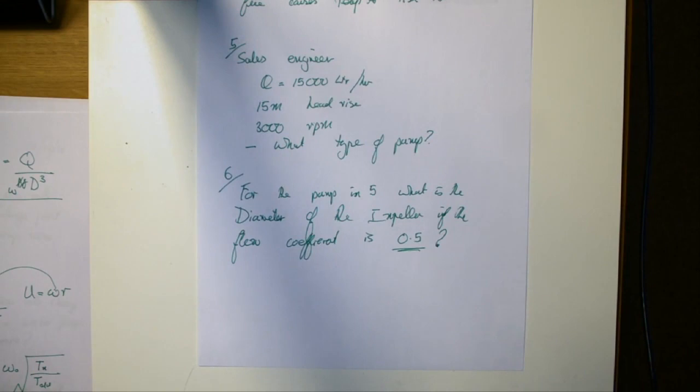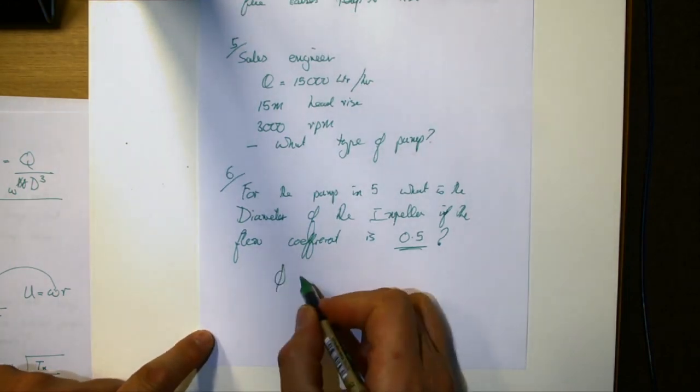How do you use that? Q over ND cubed. Yes, you do. So the flow coefficient is Q over ND cubed, and that has got to be 0.5.